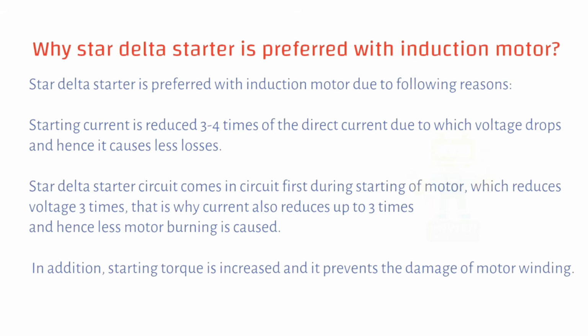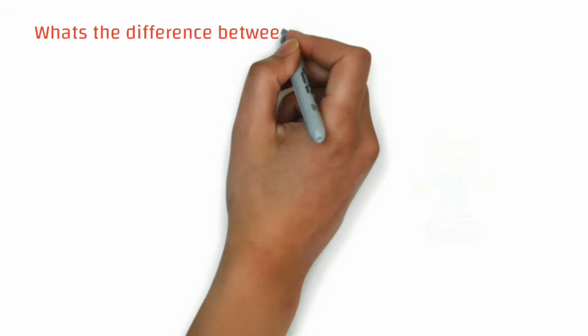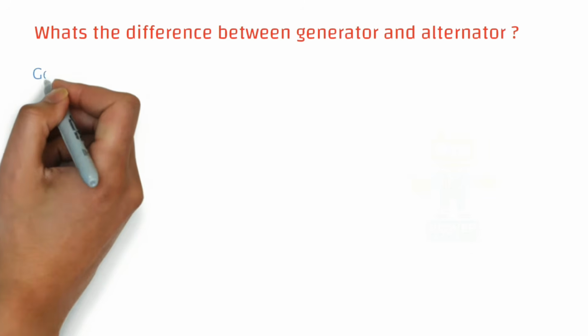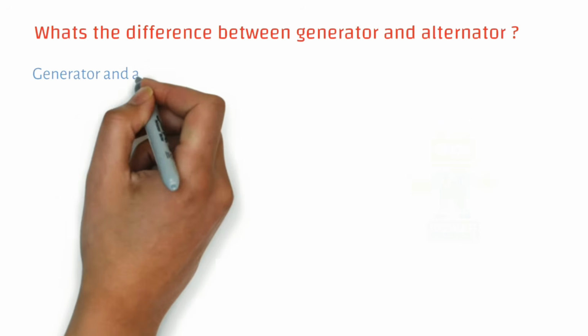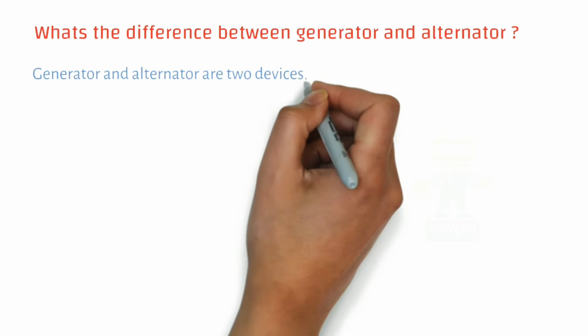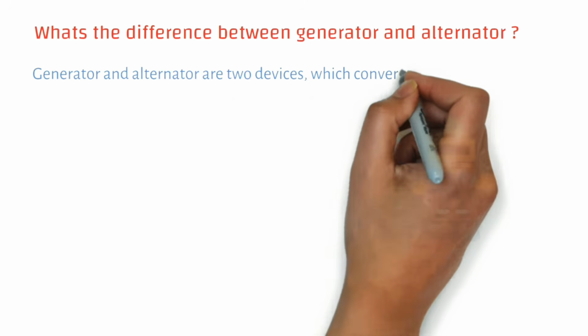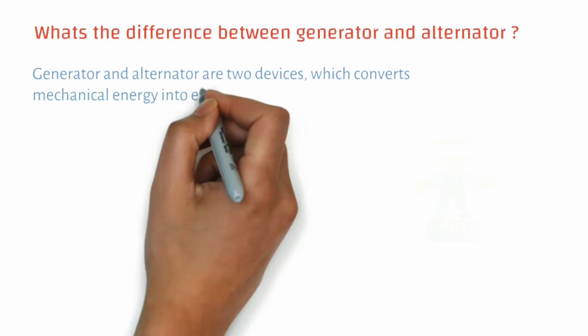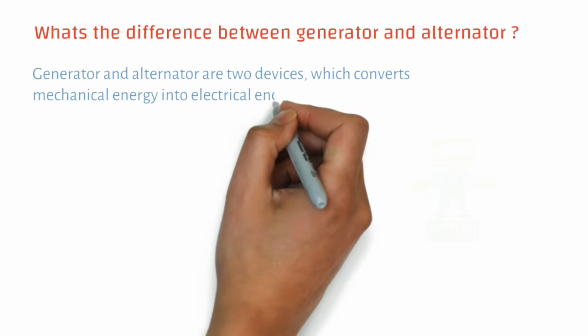So now we will see the next question. What is the difference between a generator and an alternator? As we hear both terms, generator and alternator, in our daily life, sometimes we get this question in our interview: what is the difference between generator and alternator.